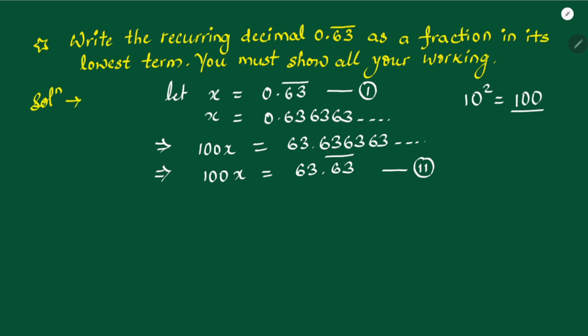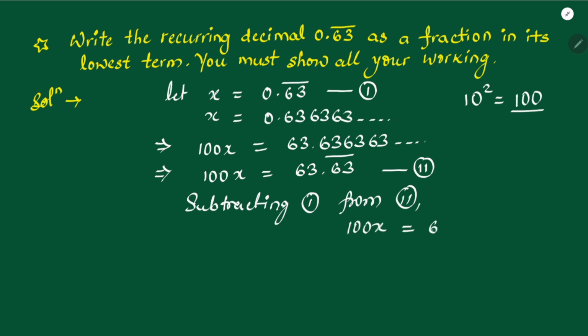So clearly I can subtract 1 from 2. So if I subtract 1 from 2, I have 100x equals 63.63 recurring as equation 2, and now x is equal to 0.63 recurring is my equation 1, and I need to subtract, right?